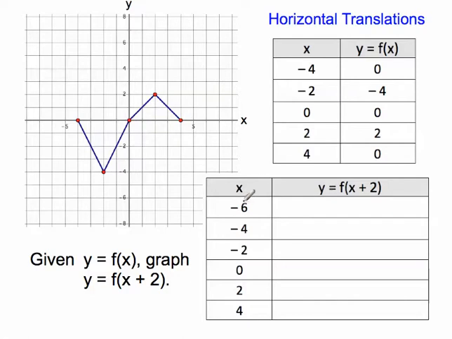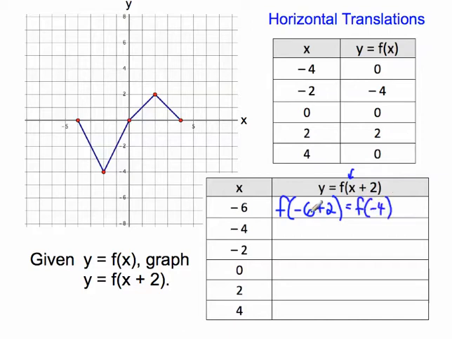When x is negative 6, and you'll see I've added an extra row here for negative 6, we want to find out what f of x plus 2 is. So we put negative 6 in for x, and we get f of negative 6 plus 2. If we simplify that, we get f of negative 4.